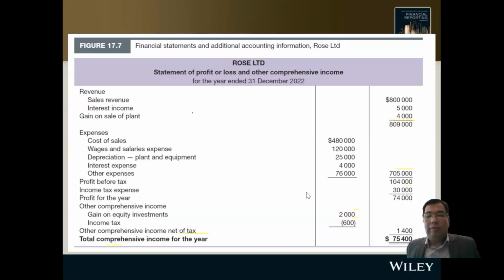We have other expenses, 76,000, plus the 1,005, plus the 1,002, and then you're going to minus here 1,000. So this is the total payment to employees.